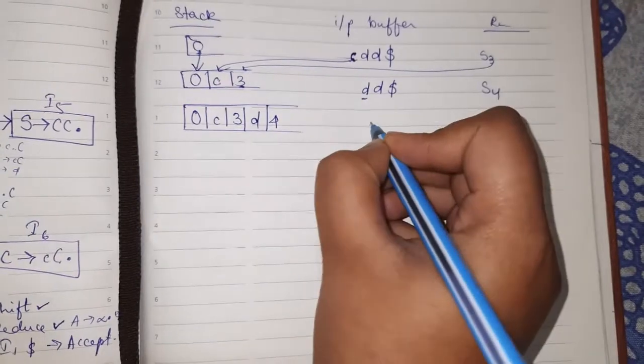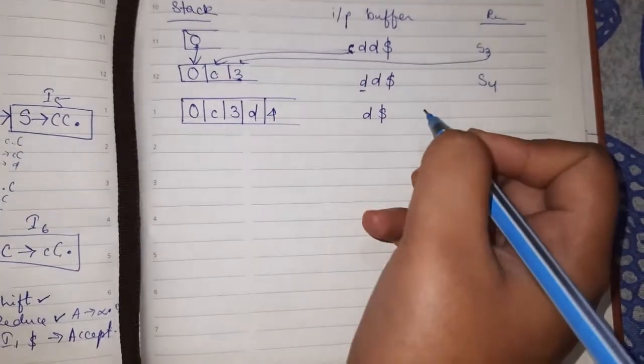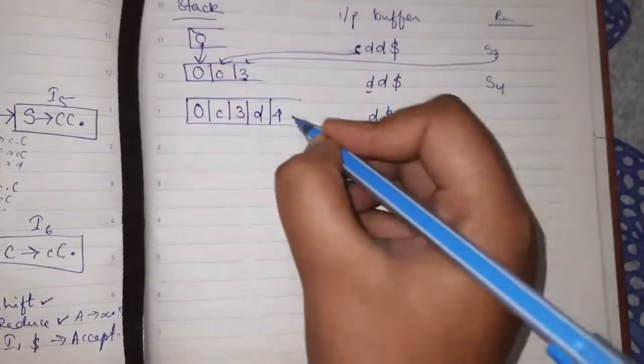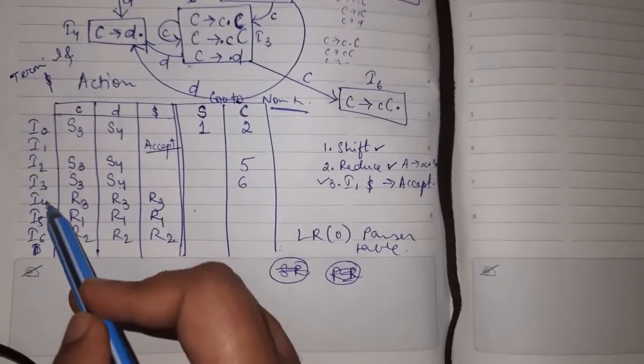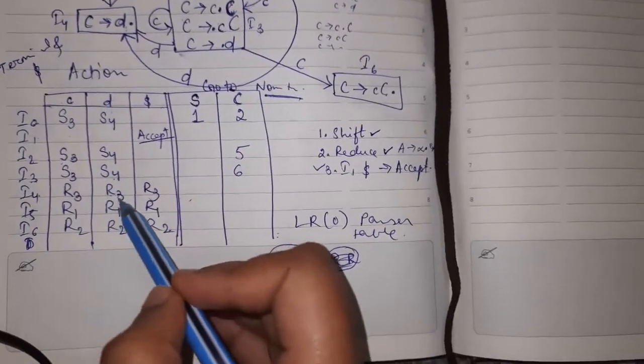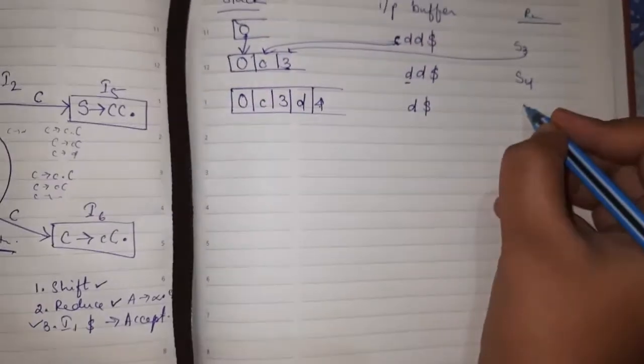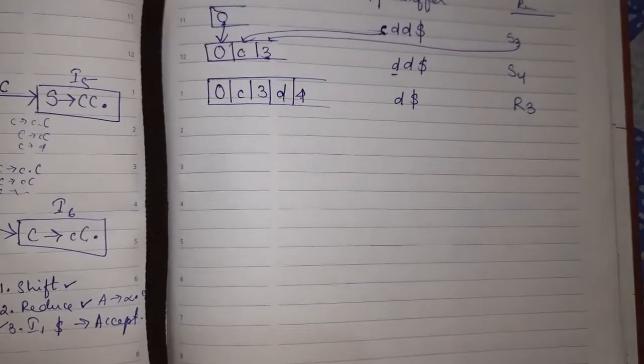After removing D here, D and dollar is left. Now 4 with respect to D is R3, means reduce 3.